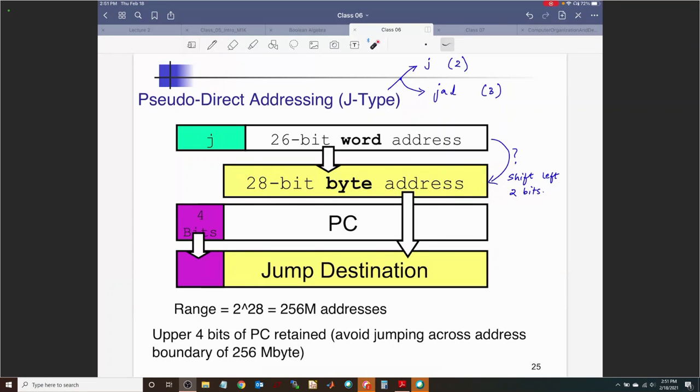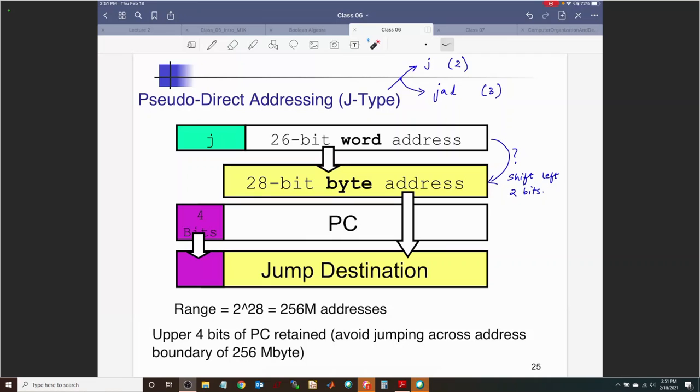Now, using this 28-bit address, I still need 4 more bits. So I'm going to jump relative to my program counter. But the difference between PC relative and pseudo direct is that when you are using PC relative in the branch instructions, that range is very limited, right?